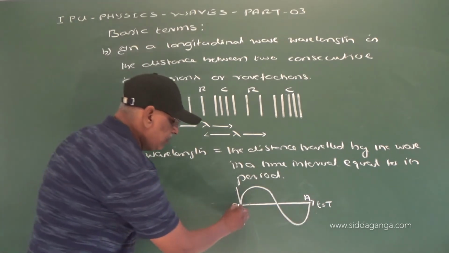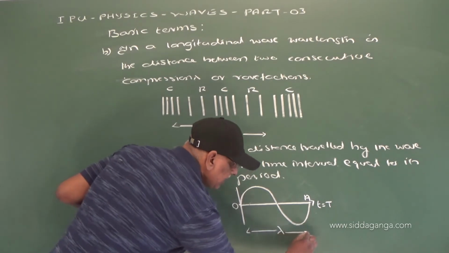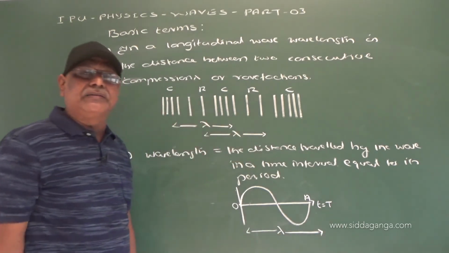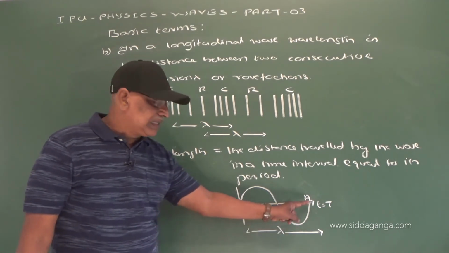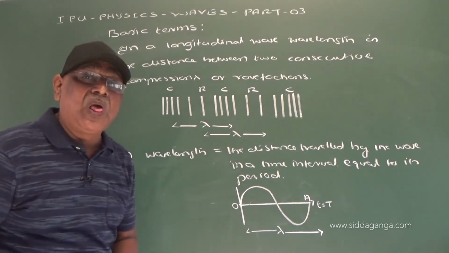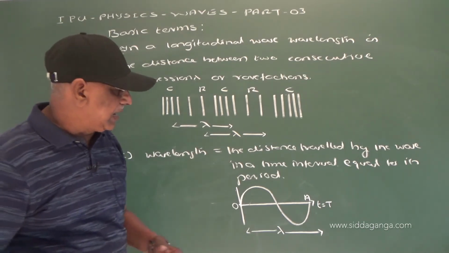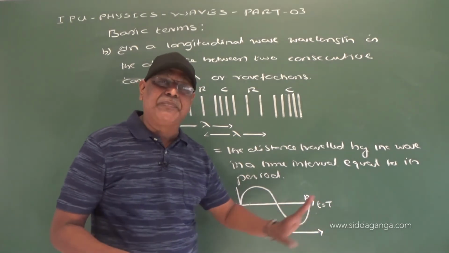So, after a time interval equal to its period, the wave has traveled from O to A. This distance O to A is equal to the wavelength. So the wavelength of a wave is also equal to the distance traveled by the wave or disturbance in a time interval equal to its time period.